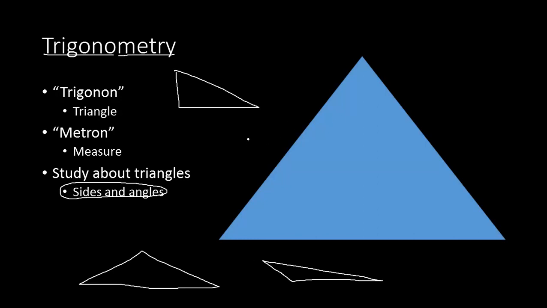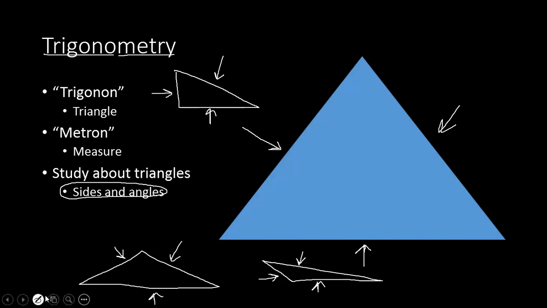Like the blue triangle, for instance, this is the first side, the second side, and the third side. So there are three sides in total. The same thing here: one, two, and three. The same here, and here as well: one, two, and three. You see that?